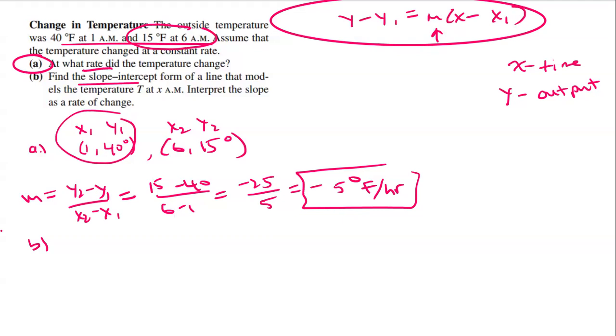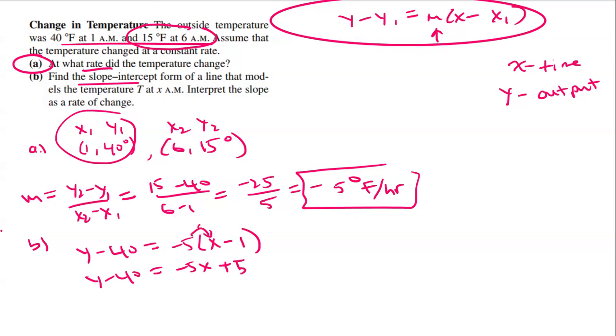So I'll have y minus y1, which is 40 degrees, m is negative 5, and my x1 is going to be 1. So I'll have y minus 40 equals negative 5x plus 5.